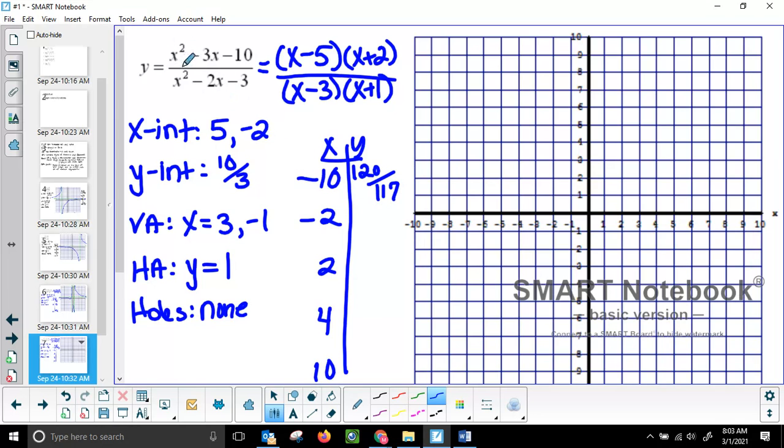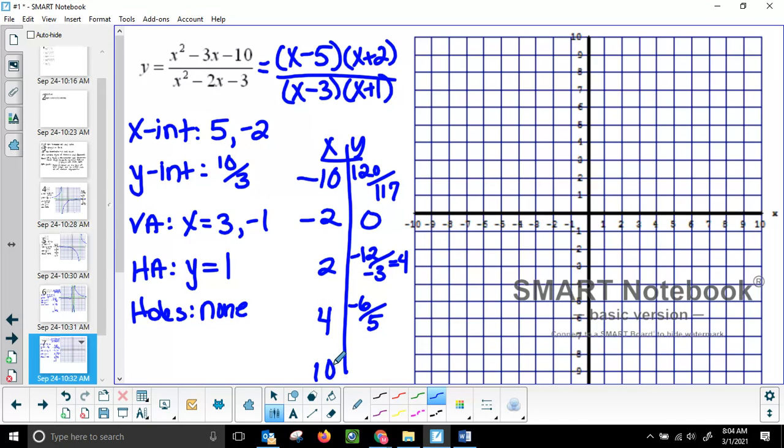When we plug negative 2 in, we get 4 minus 10 minus 10 is 0. We should have known that because it's one of my x-intercepts. We plug positive 2 in. We get 4 minus 6 is negative 2, minus 10 is negative 12 up top. And 4 minus 4 is 0, minus 3 is negative 3. So that's just 4. Plug in 4. 16 minus 12 is 4, minus 10 is negative 6, over 16 minus 8 is 8, minus 3 is 5.